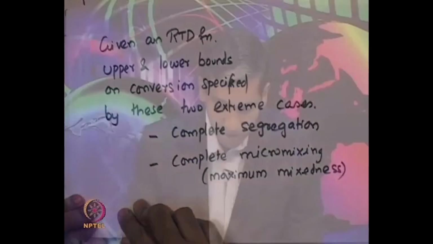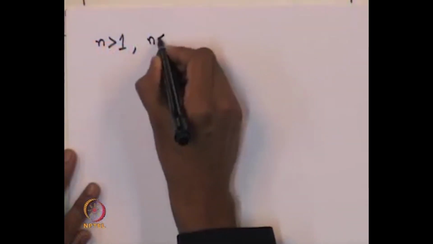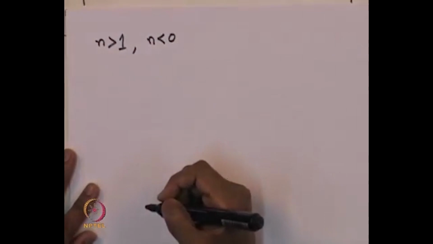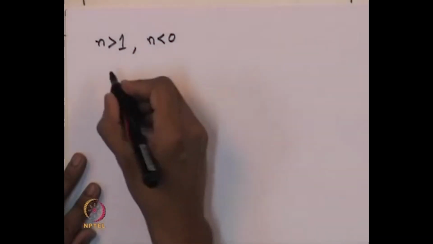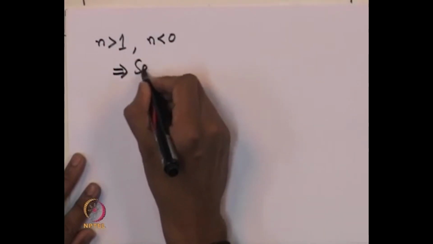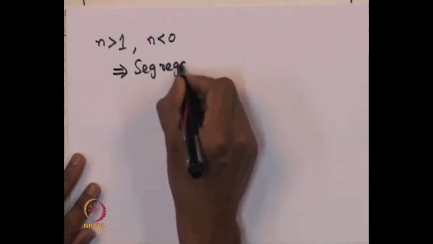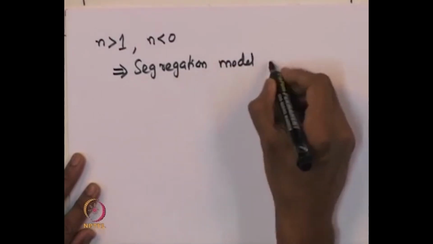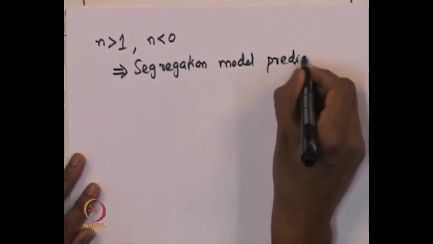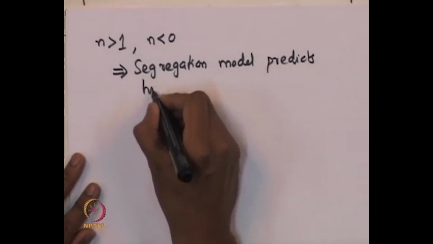Now, suppose n is larger than 1, where n stands for the order of reaction. If the order of reaction is greater than 1 or less than 0, that is, a negative order reaction, then it turns out that the complete segregation model predicts the highest conversion.